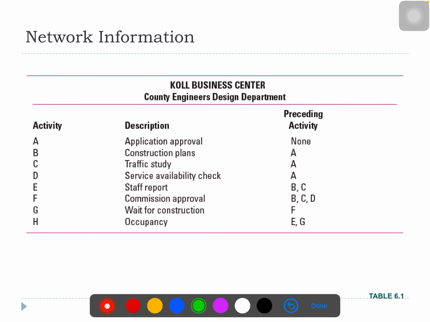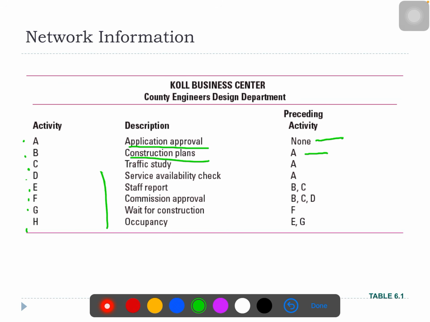This is an example of a call business center. We have activities defined as A, B, C, D, E, F, G, and H, where A is application approval, B is construction plans, and so forth. The preceding activity for A is none.